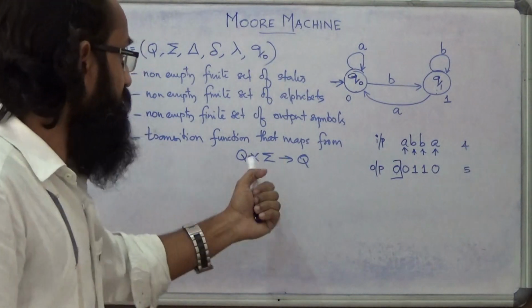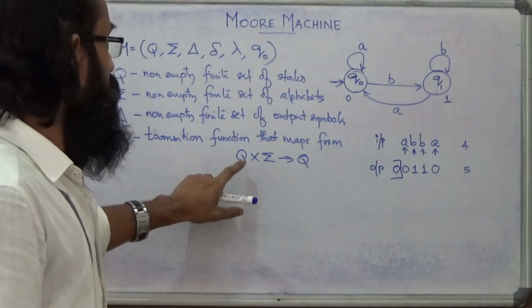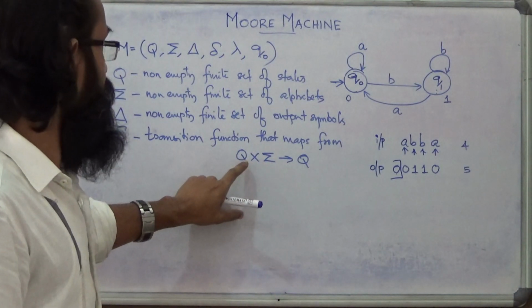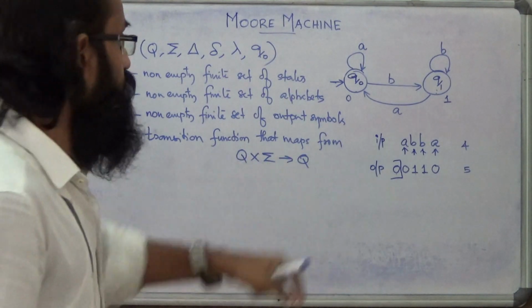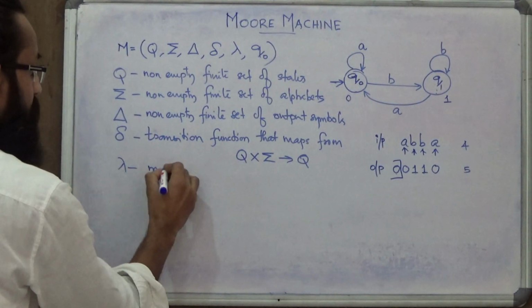So the transition function will be the same as that of a DFA, deterministic finite automata. So the transition will map from Q cross Sigma to Q. Then the next one is lambda. Lambda is the mapping function.